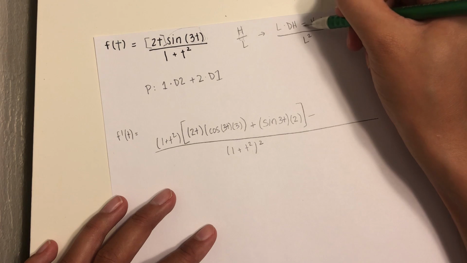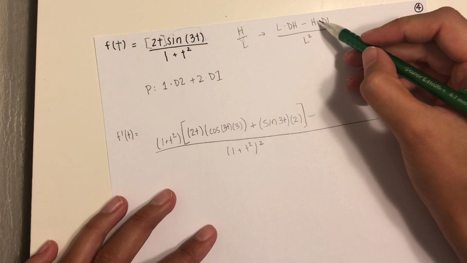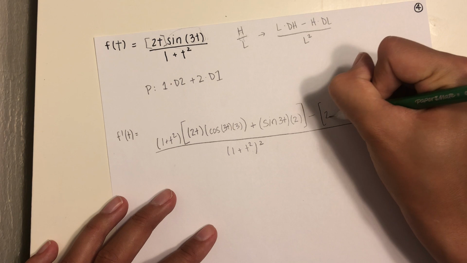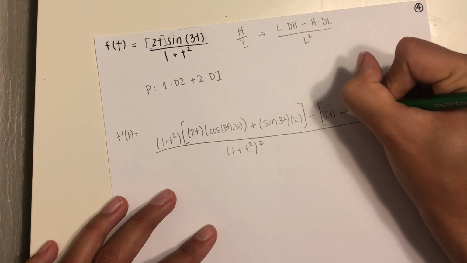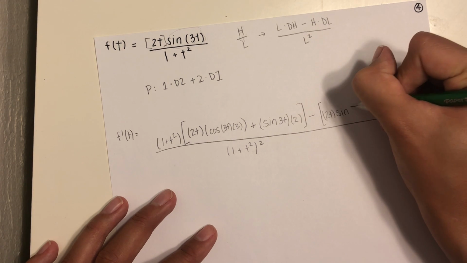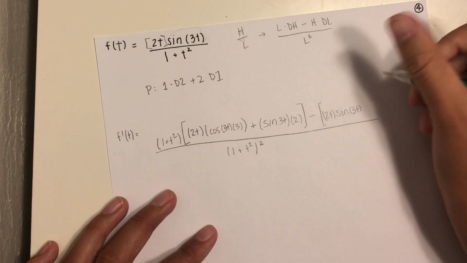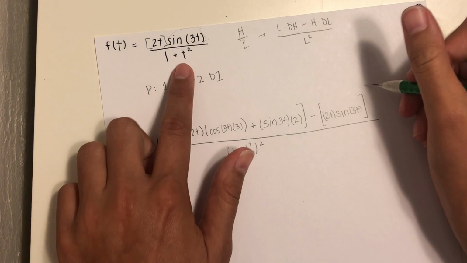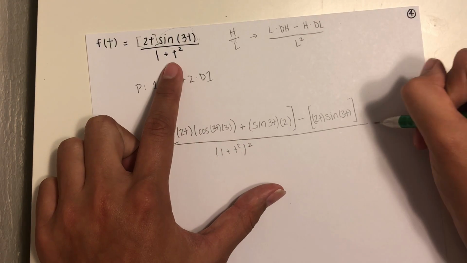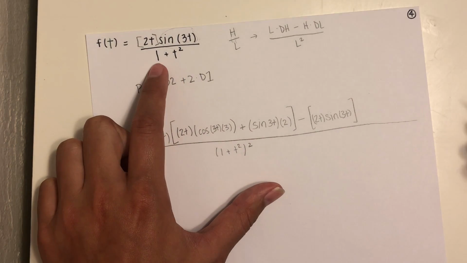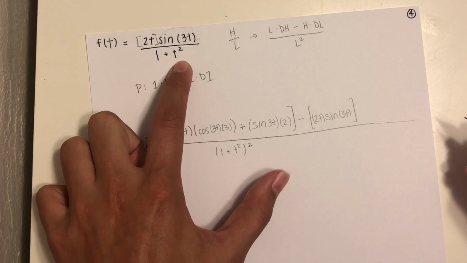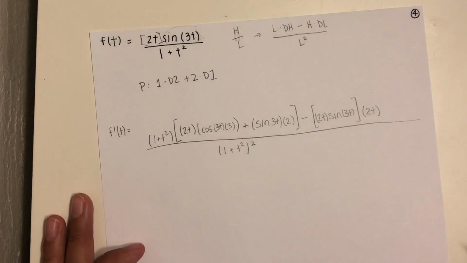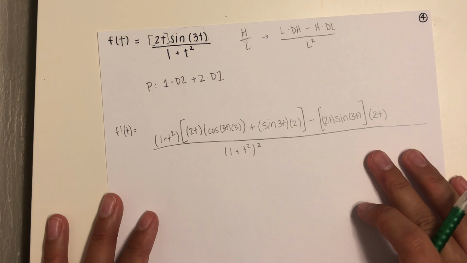So we need to go minus, the entire numerator written as it is, so just 2t times the sine of 3t, that's the numerator, times the derivative of the denominator. So let me extend this a little bit. The derivative of this, 1 goes to 0, t squared goes to 2t. So boom, this is everything written out all ugly.